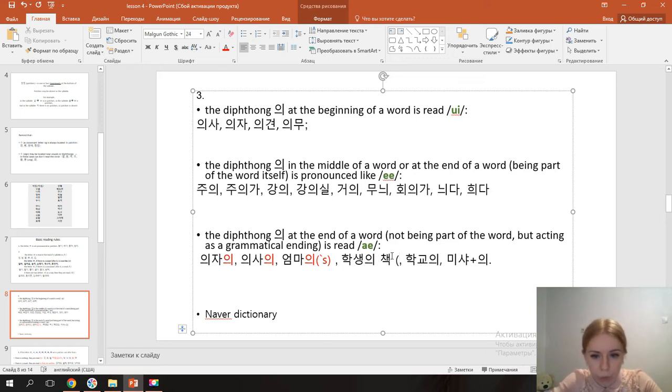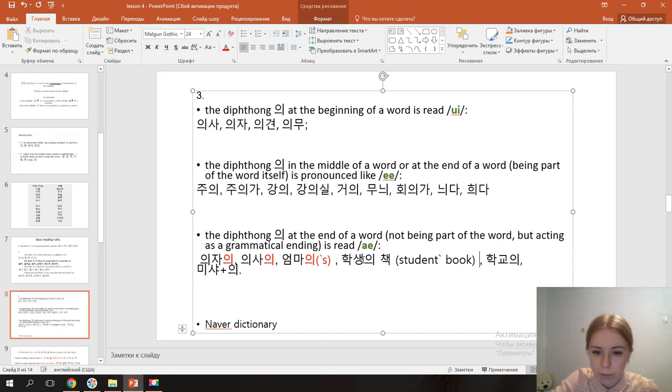It's about the book. Book belongs to who? It belongs to 학생, to student. So this is about, to translate it, like student's book.